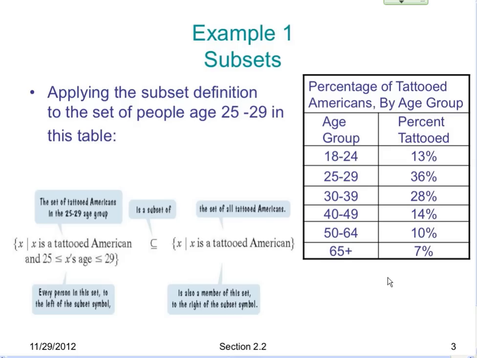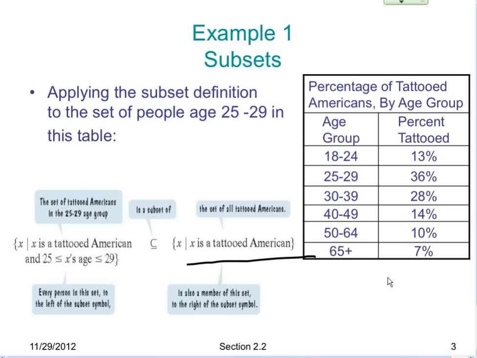This is an example. We have the set of all x such that x is a tattooed American and 25 is less than or equal to x's age is less than or equal to 29. And the second set, the set of all x such that x is a tattooed American.